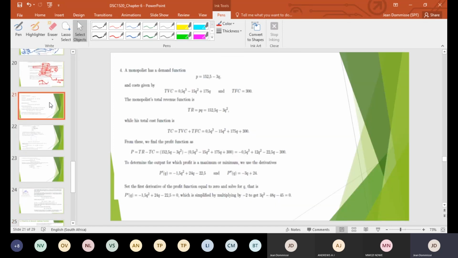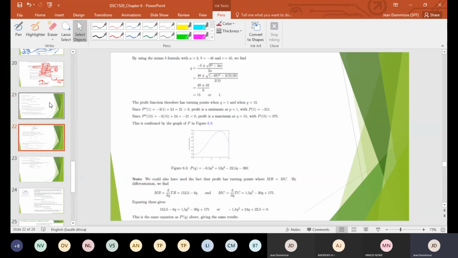So try this, and I think the important one with example 4 is when we get to the total revenue, the total cost, and we need to solve. It is not as simple again as some of the previous ones.